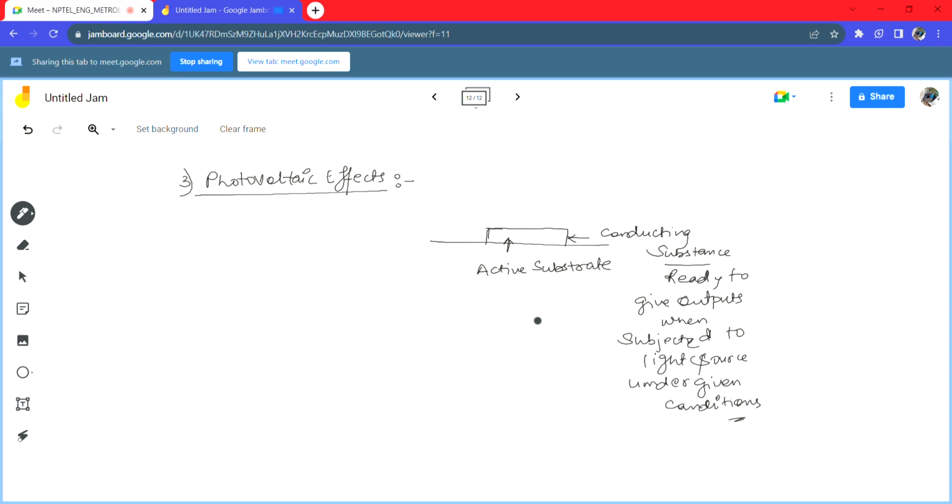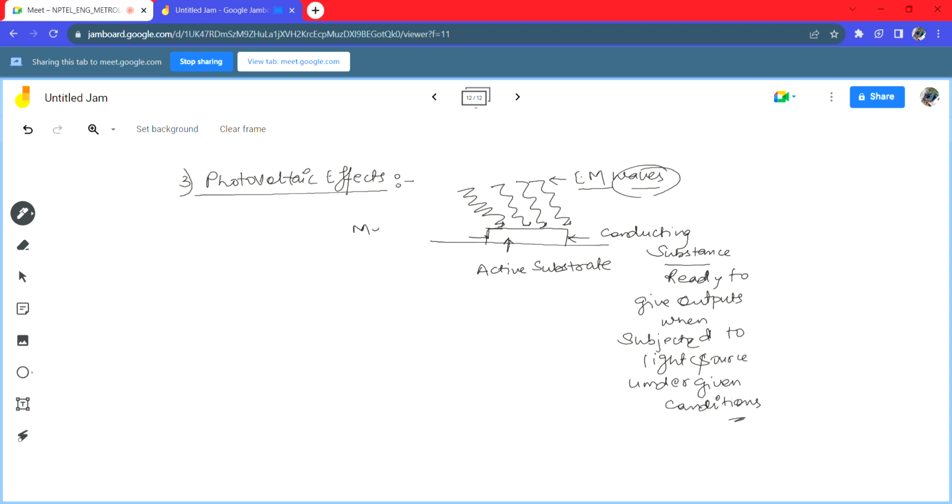So say there is a light that is falling here, and this light source is nothing but electromagnetic waves. And with this, they create a lot of things here.